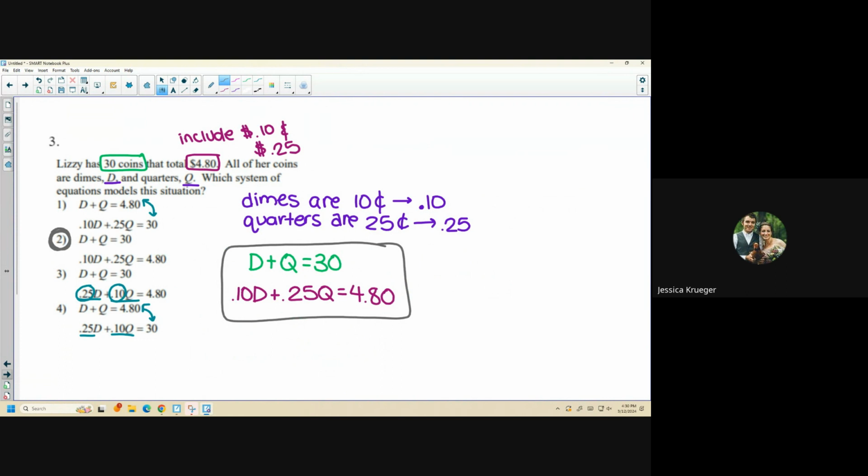Well, in answer choice 1, they mixed up the money and the total number. In answer choice 3, they put the price of a quarter with the number of dimes and the price of a dime with the number of quarters. So be careful. And then in number 4, they mixed up the total and the money, and they mixed up the cost or the worth of a dime and the worth of a quarter. So answer choice 2 is the only one that works. It matches.